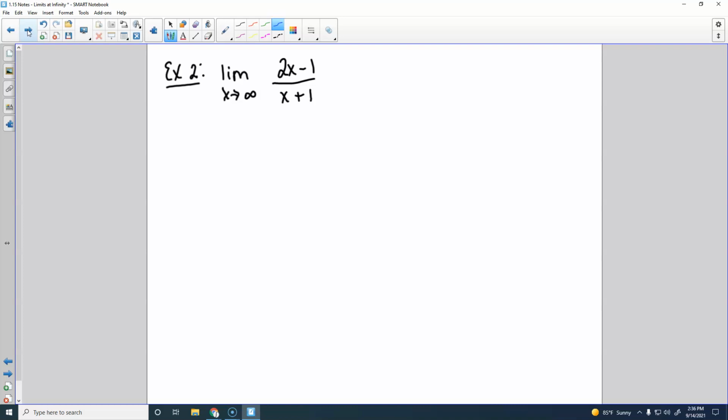Alright, so for this one, we're doing x approaches infinity. But if I was thinking about it like I did the last one, if I tried to plug in infinity, I get, in the top, what's 2 times infinity? Infinity, and subtract 1 from it. It's still infinity. What's infinity plus 1? And what did I just tell you guys infinity over infinity is?